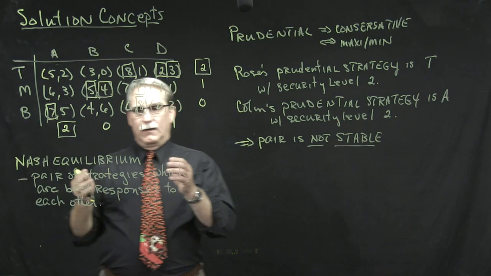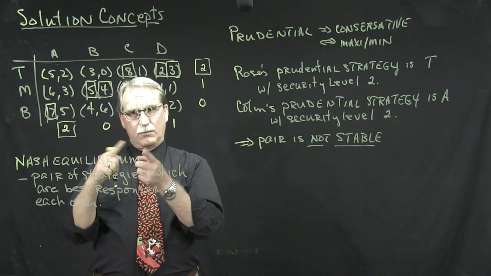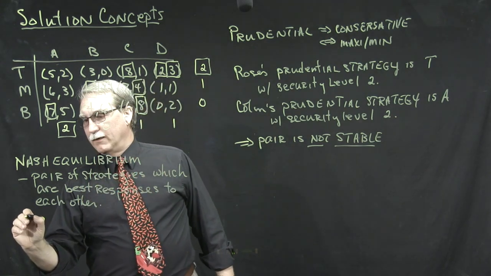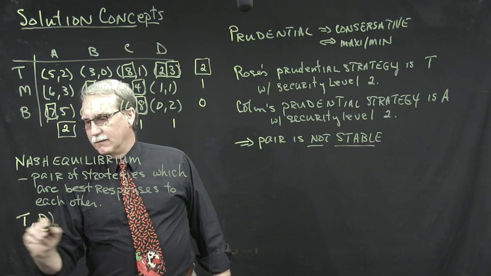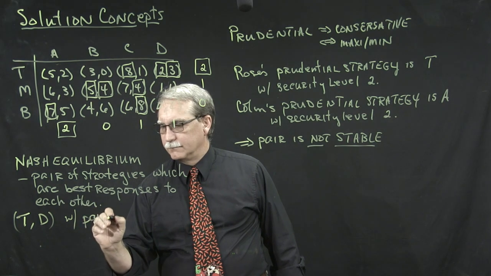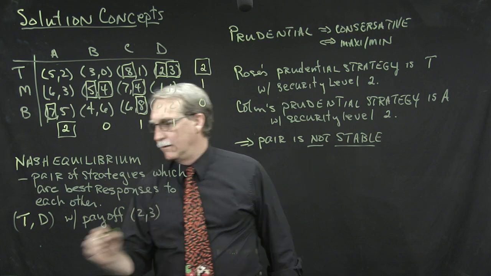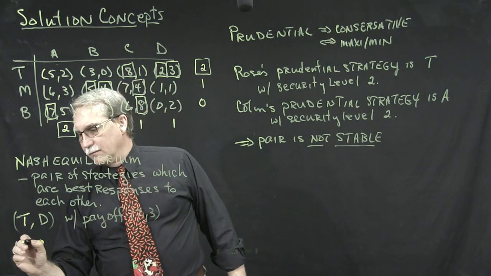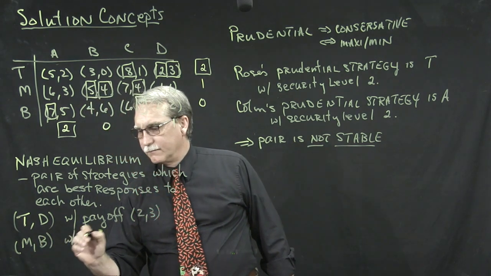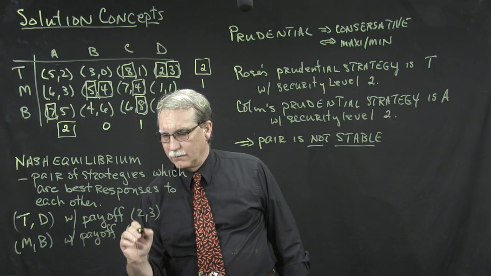And since a Nash equilibrium has to be best responses to each other, we have to choose the places where they have been marked twice. So our Nash equilibria are TD with payoff 2, 3, and another Nash equilibrium is MB with payoff 5, 4.